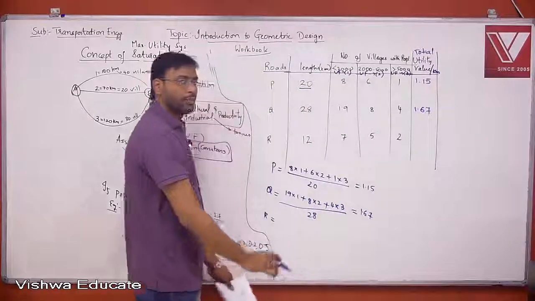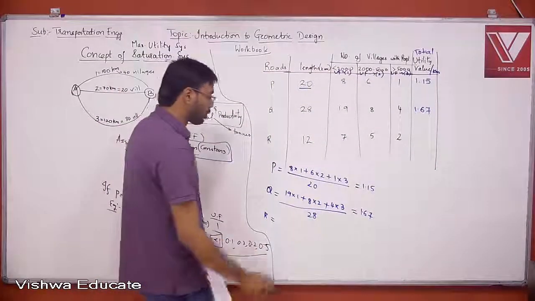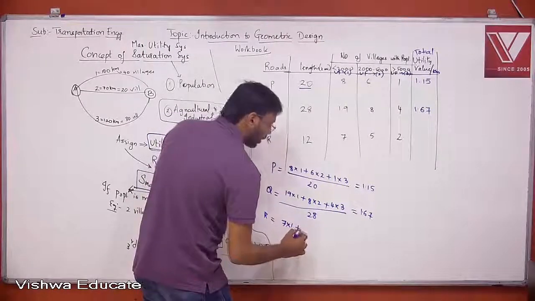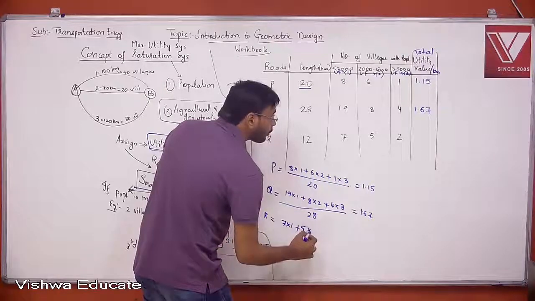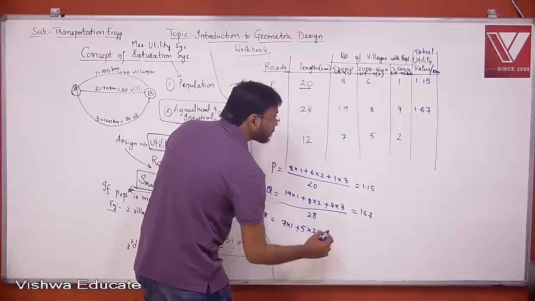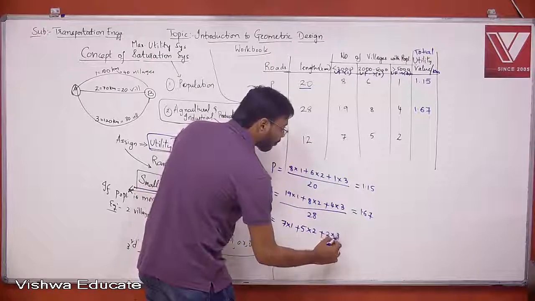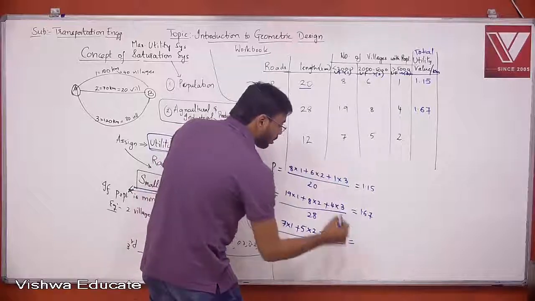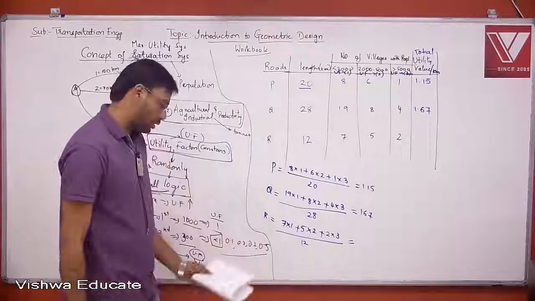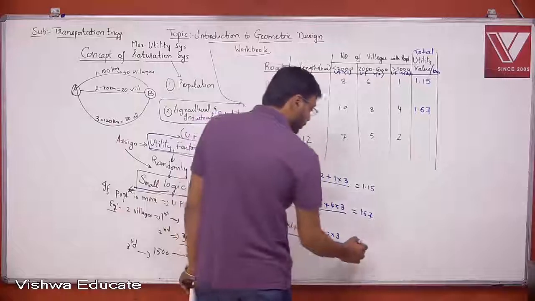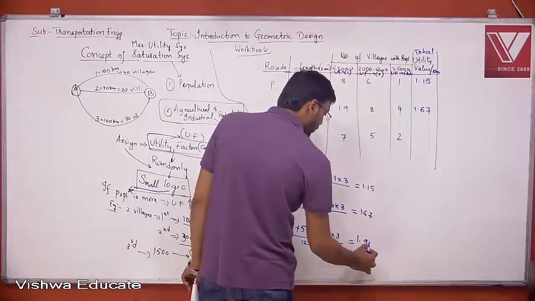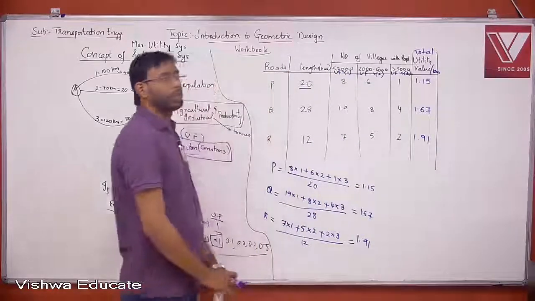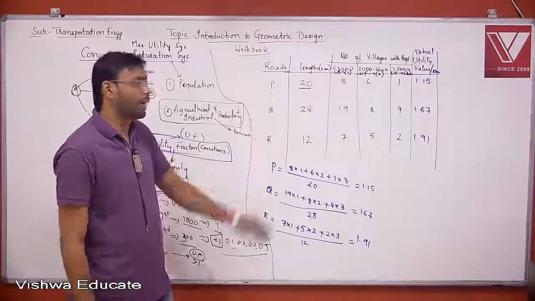Similarly for the last route, 7 into 1 plus 5 into 2 plus 2 into 3, divided by the total kilometers, which is 12. If you calculate that, it comes as 1.91. So these are the utility values for the three routes, route P, route Q and route R.